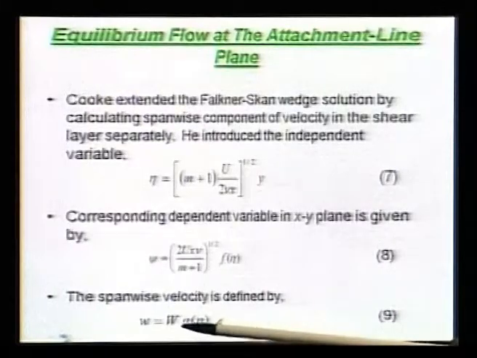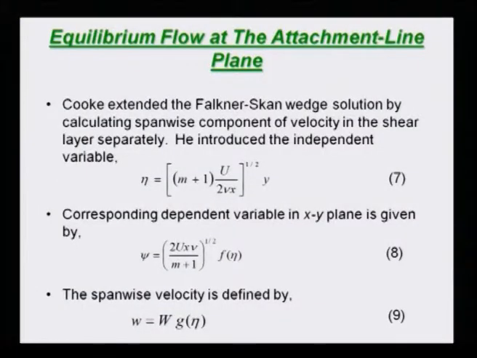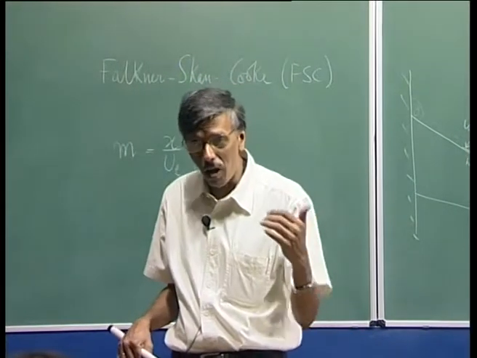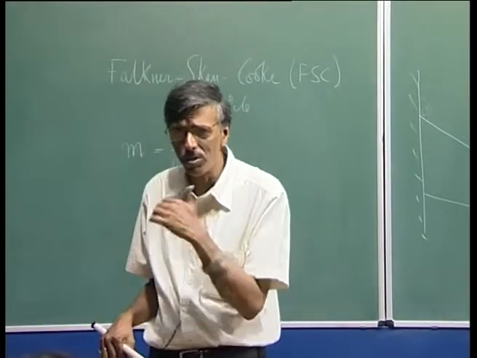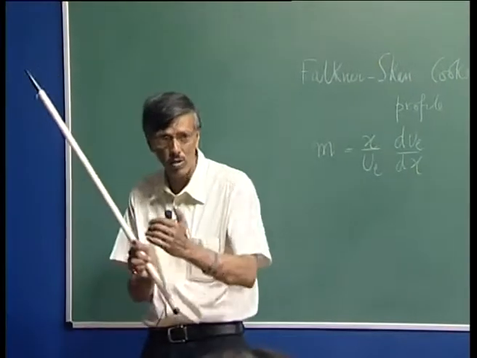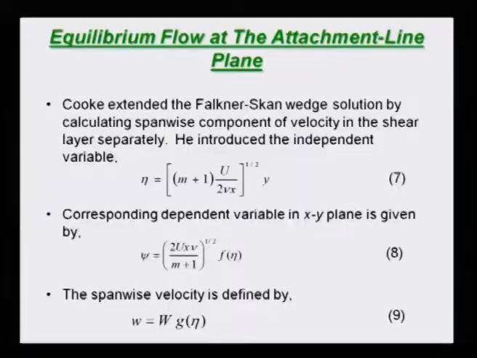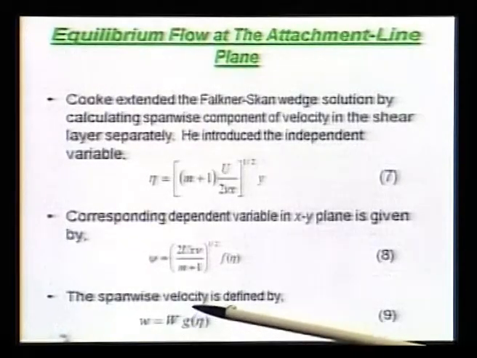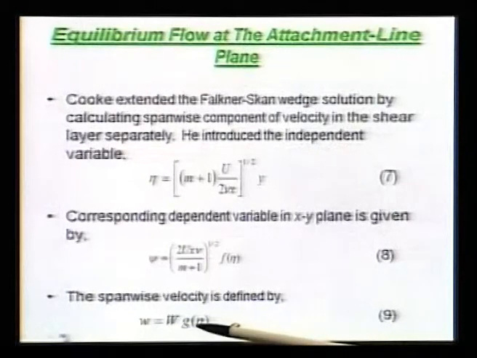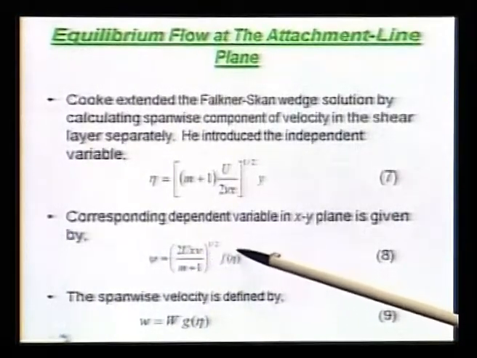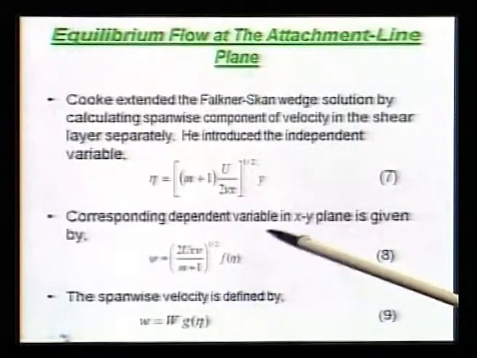And we are talking about a spanwise component of the velocity, because outside the shear layer w is a constant, but inside what happens? It will vary. That is why we saw the streamline skews. So, we introduce another non-dimensional dependent variable g of eta, and this psi we define with respect to a non-dimensional stream function f of eta.